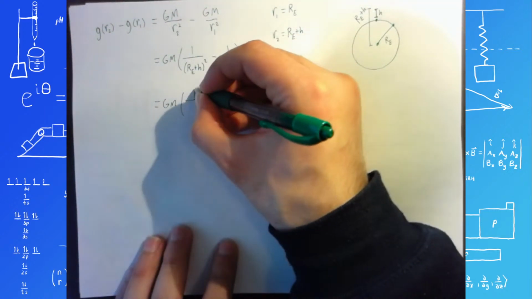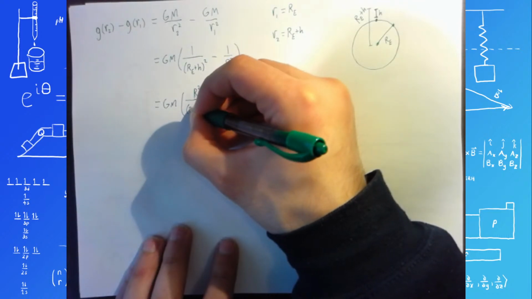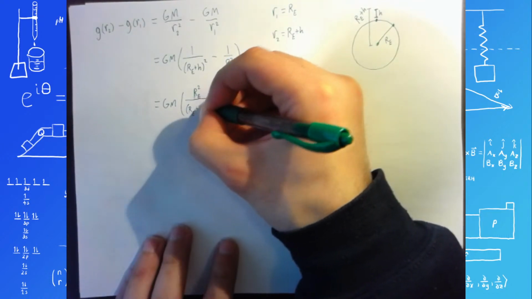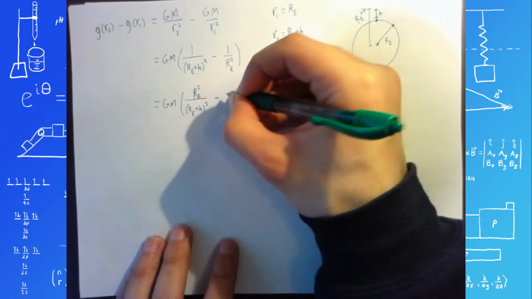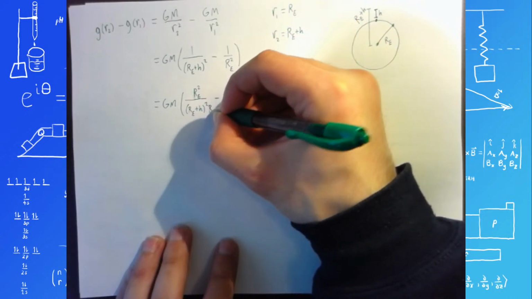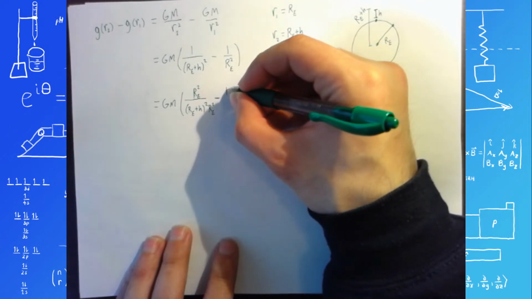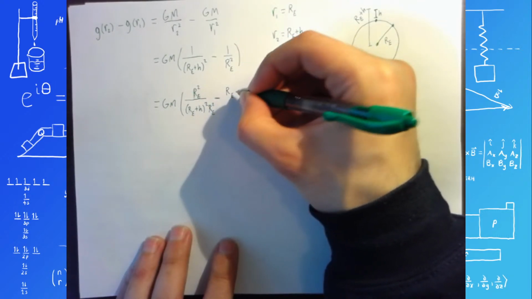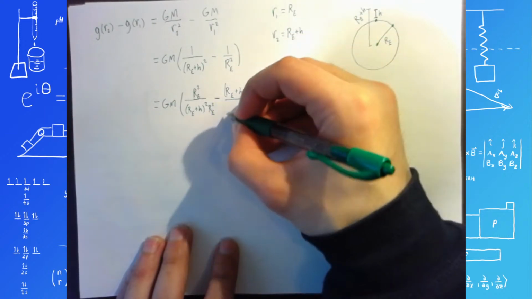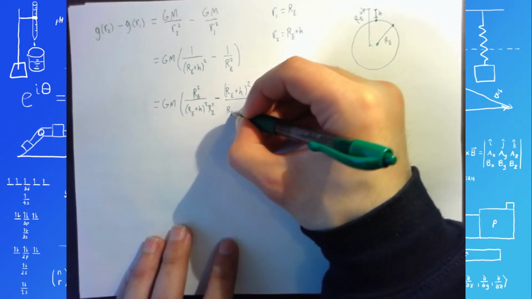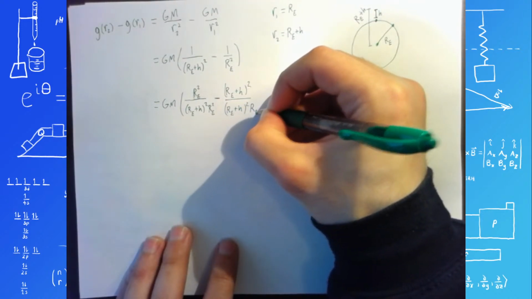So that's going to be radius Earth squared, and times radius Earth squared, almost forgot that, minus radius Earth plus H squared over radius Earth plus H squared radius Earth squared.